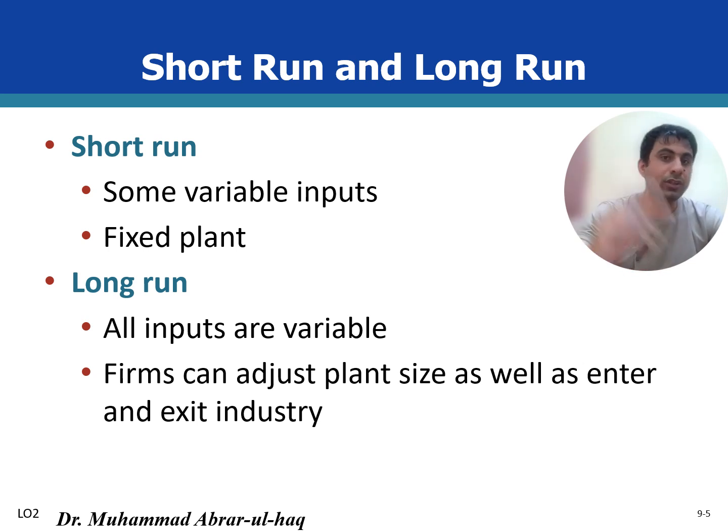They can also enter or exit the industry based on market conditions, competitive dynamics, or profitability expectations. Consequently, long run analysis helps in understanding economies of scale, where increasing the size of the operation can lead to lower average cost, and diseconomies of scale, where further expansion may increase cost.